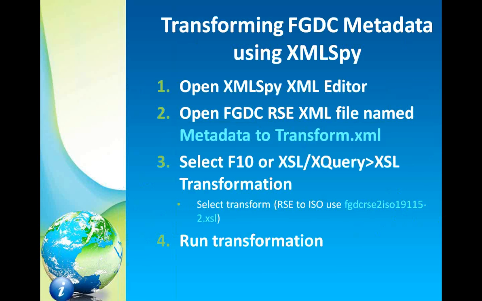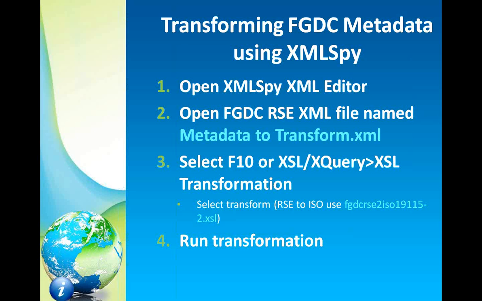All right, these are the steps if you happen to be using an XML editor such as XML Spy, using some of the files that are on the FTP. You open up the XML Spy XML editor, and open up the FGDC remote sensing XML file named metadata to transform.xml. So this is an FGDC XML document. In XML Spy, you select F10, or you can go to the XSL, XQuery, XSL transformation dropdown, and then you select your appropriate transform.